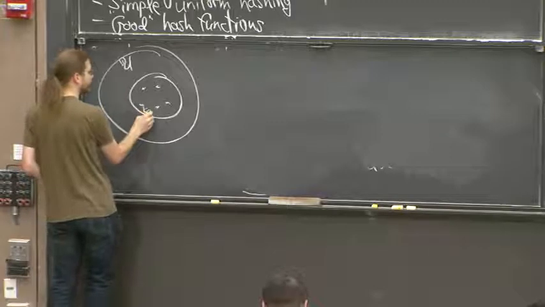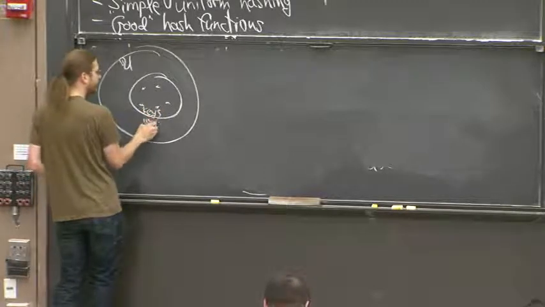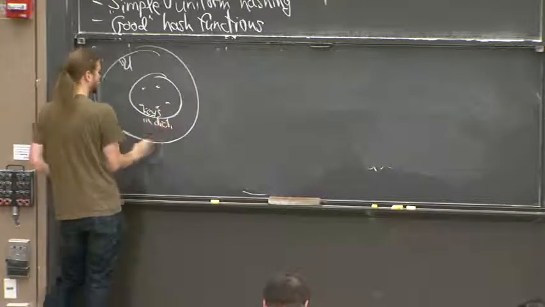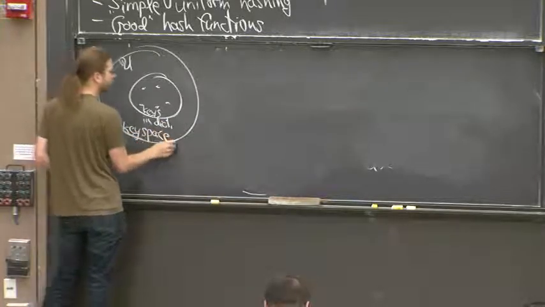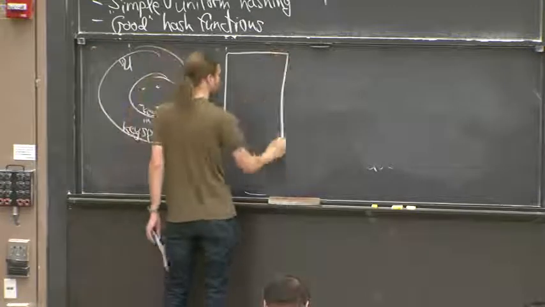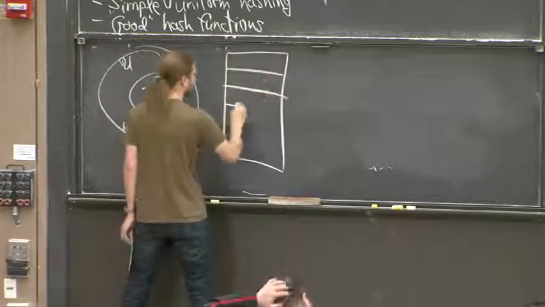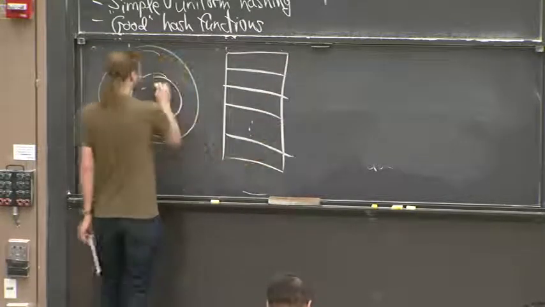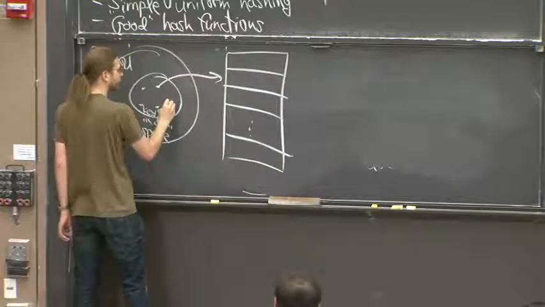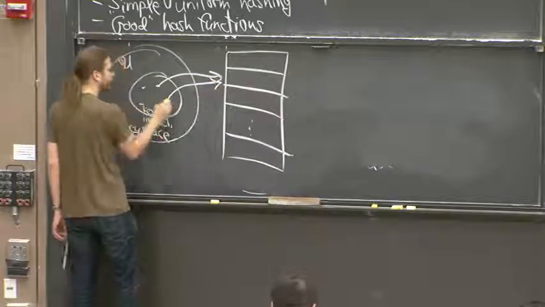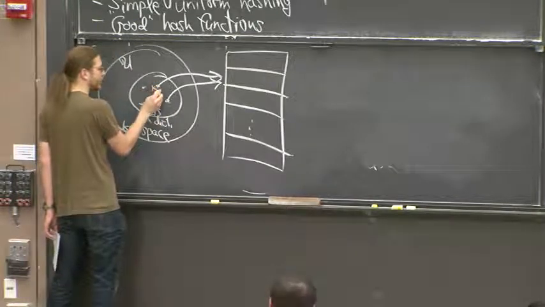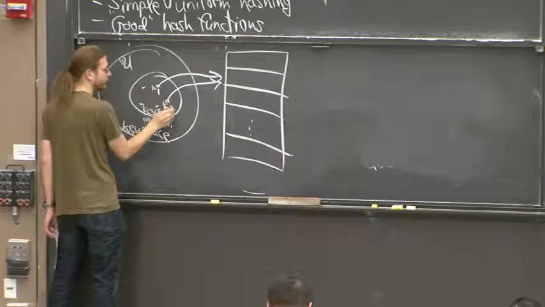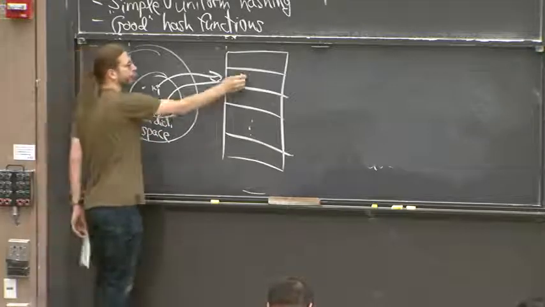So these are the keys in the dictionary. And this is all of keyspace. These guys map to slots in the table. Some of them might map to the same value. So let's say K1 and K2, suppose they collide. So they both go to this slot.